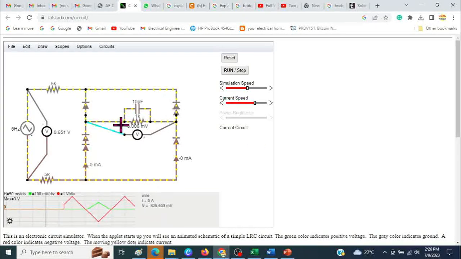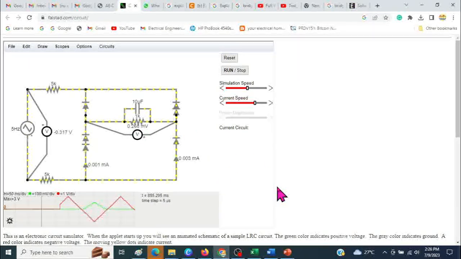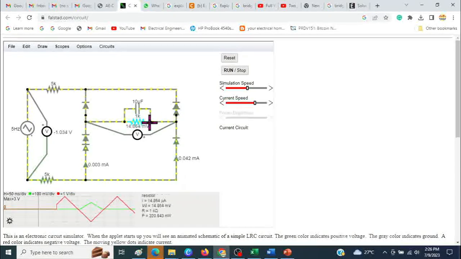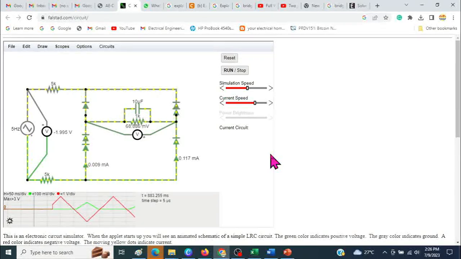The little bit of current flow that you saw here was because the capacitor was charged. Now let's see, it's all stopped, and now we are going towards the negative direction. The current is flowing. Now look, this current is now going through two paths, and it is going faster through the capacitor. So it is now charging the capacitor as well.